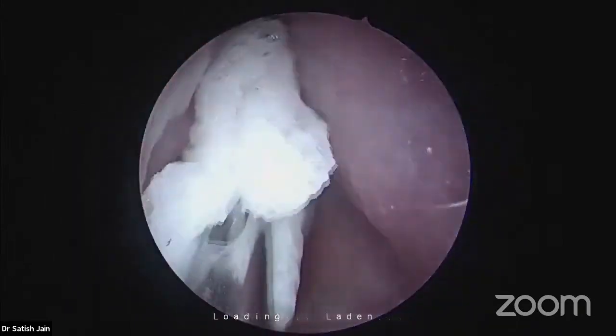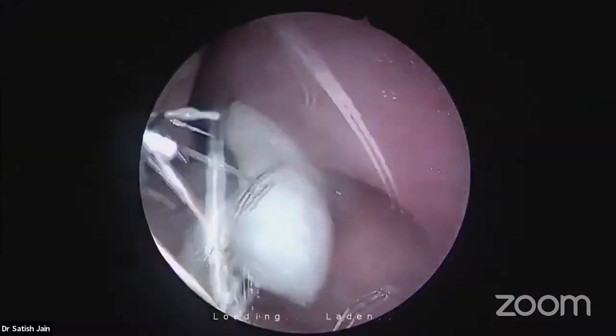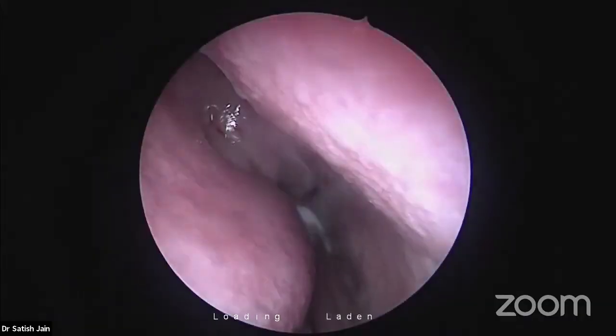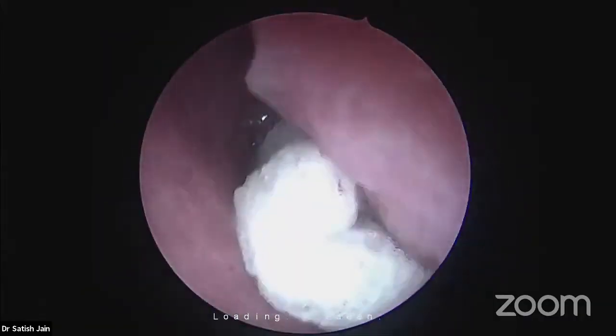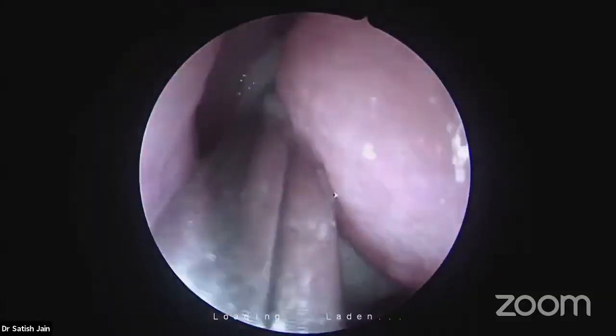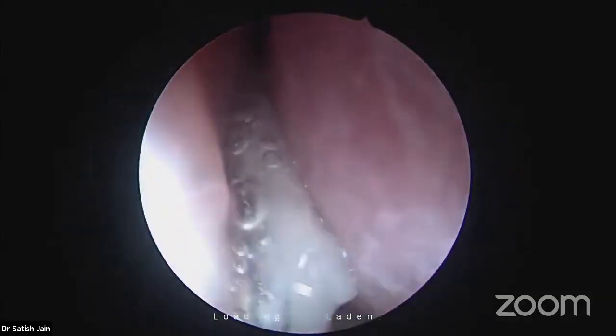See this? This is the Merocel sponge, a piece of Merocel. We divide the Merocel into 8 to 10 pieces, 2 Merocels, soaked in saline adrenaline. This is a 1:1 combination. This is not a cardiac patient or anything. And we can use it topically, not for infiltration. No infiltration at all.